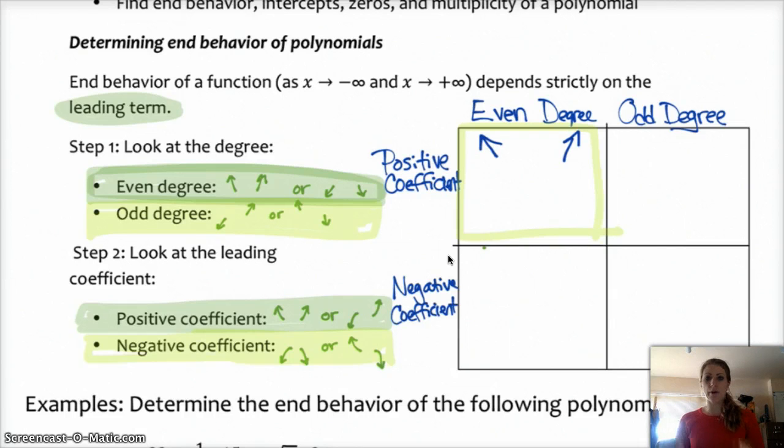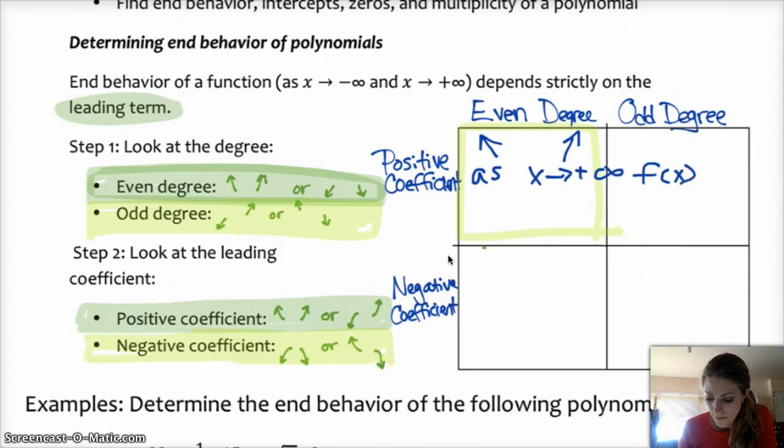Now, the way we write this algebraically is we say something like this. As x approaches positive infinity, f of x, or the polynomial, whatever it is, approaches positive infinity.